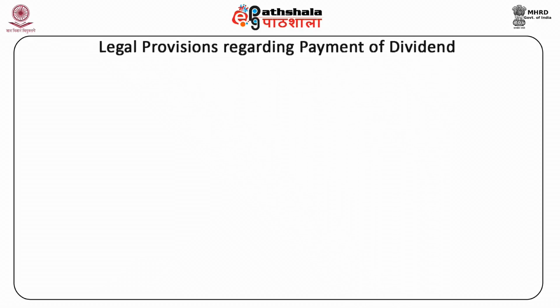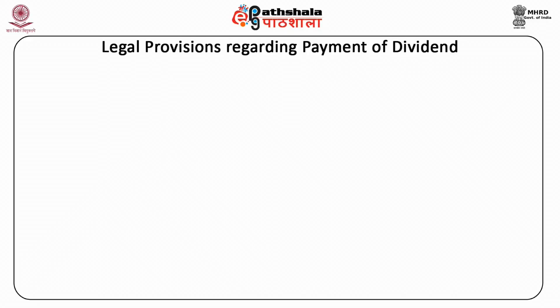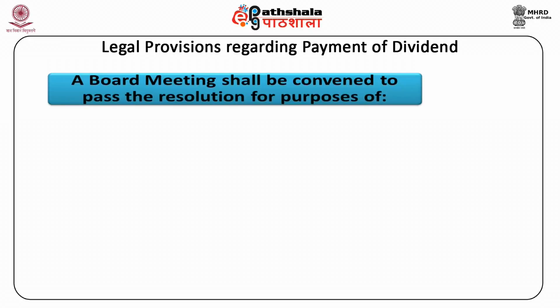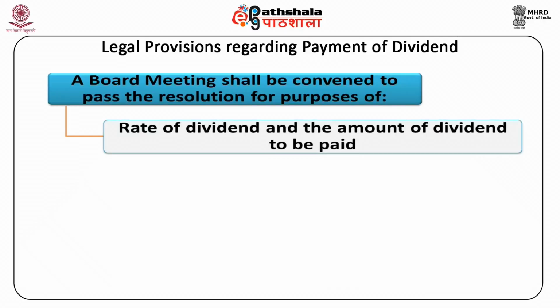The Board of Directors, after considering and approving the financial statements of the company, determines the rate of dividend to be declared and then recommends the same to the shareholders. For this purpose, a board meeting shall be convened to pass the resolution for the rate of dividend and the amount of dividend to be paid.